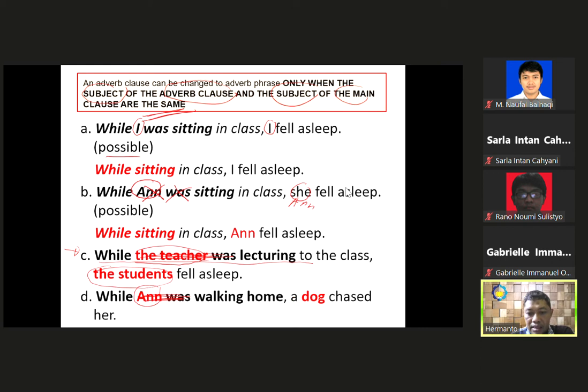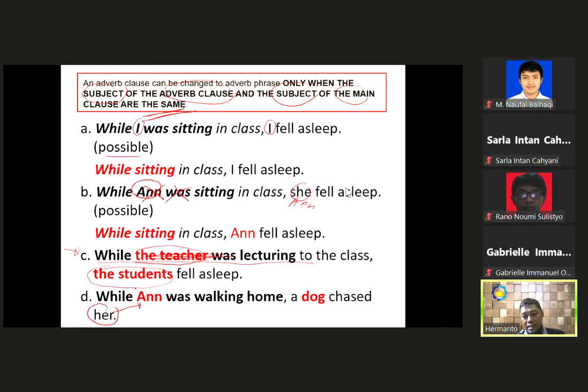Ketika berjalan pulang, seekor anjing mengejarnya. Who is her? It's not so clear. The adverb phrase modifies the subject itself, so it means the dog was walking home and chased her. It's confusing. To make it clear, just keep the sentence as it is: "While Anne was walking home, a dog chased her." What does her refer to? Her refers to Anne, not the dog itself.